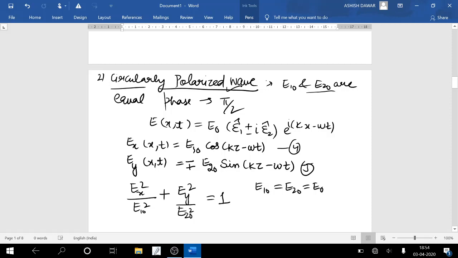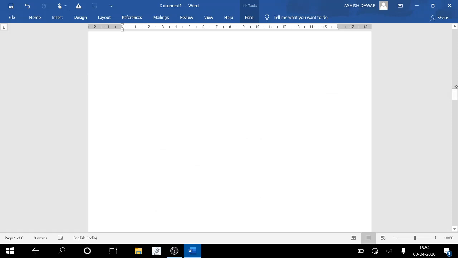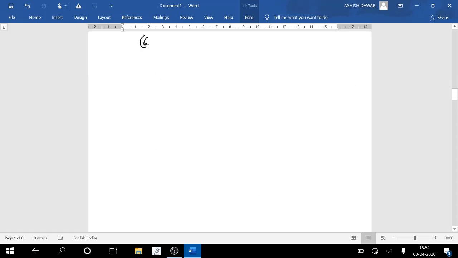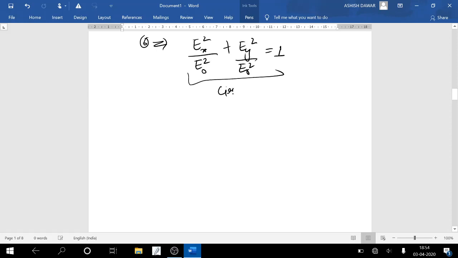Then this equation 6 becomes Ex square upon E naught square plus Ey square upon E naught square equals 1. So this is an equation of a circle. Okay, so the vector E naught has a constant length and traces out a circle at frequency omega.